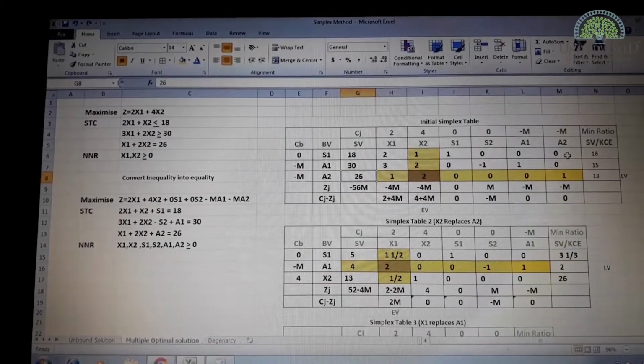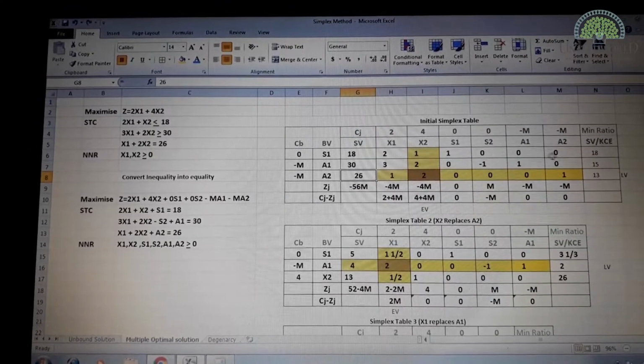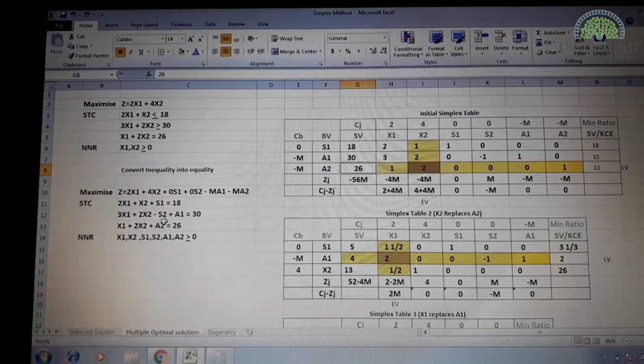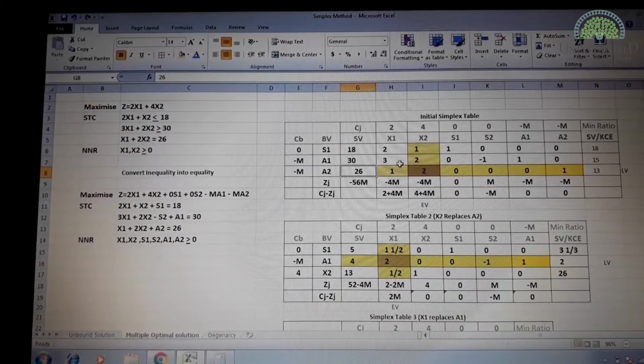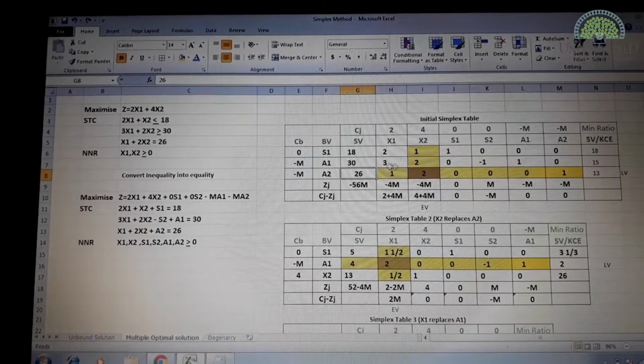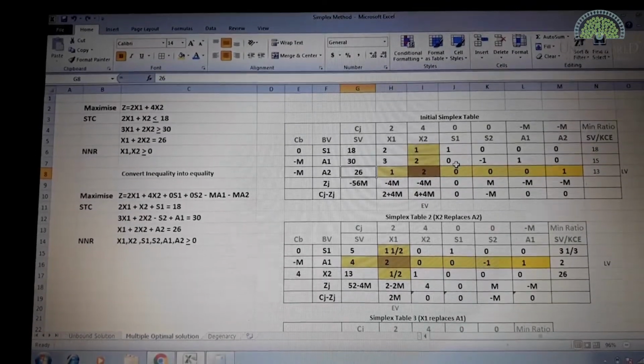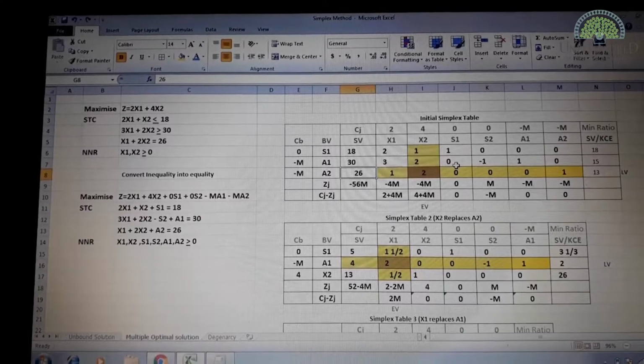The second row will get its value from the second constraint. As you see, the second constraint reads as 3x1 plus 2x2 minus s2 plus a1. So we'll post it here, under x1 3x1 plus 2x2. We do not have s1 in the second constraint, therefore it will be written as 0.